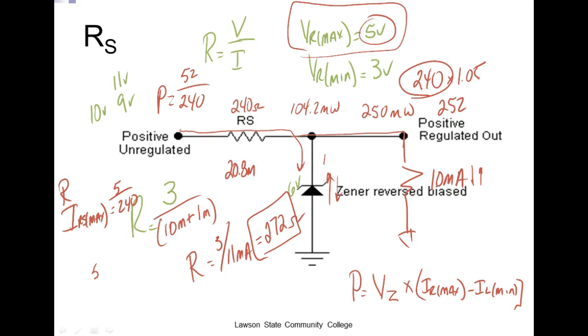You understand? Plus that Zener current. So in this situation, PZ maximum would be equal to, what's our Zener? 6 times 20.8 milli. So what's the power of that Zener?